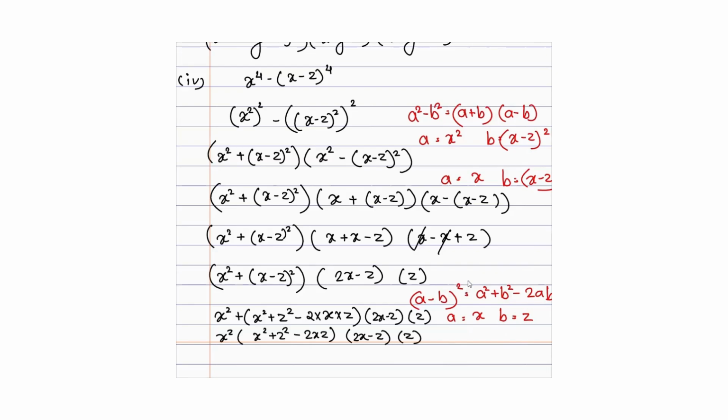Okay, now let's do the next question. That is the fifth bit: a to the power 4 minus 2a square b square plus b to the power 4. Can I write this equation as (a square) the whole square minus 2a square b square plus (b square) the whole square?